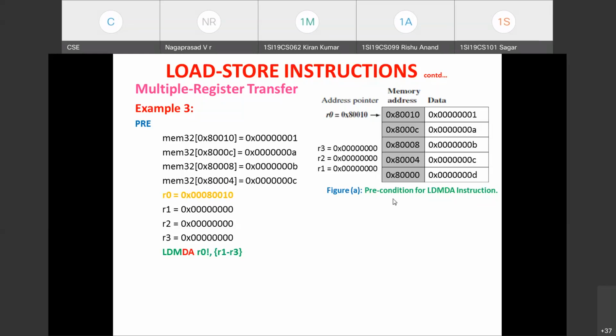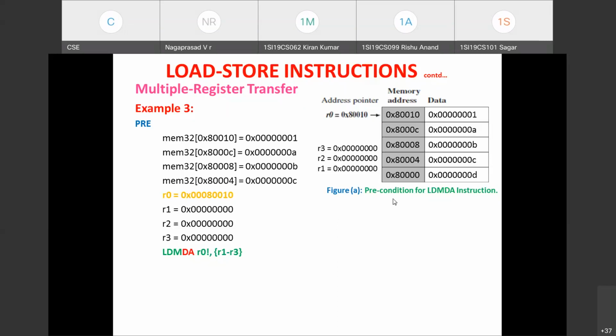So this is nowhere mentioned. Kindly note this. Okay. If we are performing the operation from lower address to higher address, in that case, the data fetched from the lower address will be stored in the lower register, and data fetched from the next higher address will be stored in the next higher register in the list, whatever you give in the instruction. Okay.